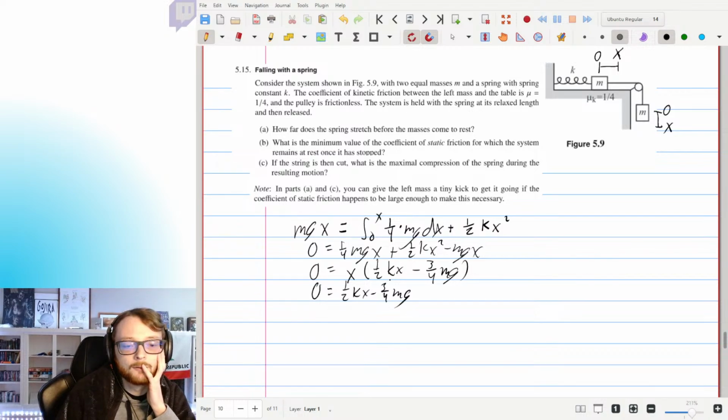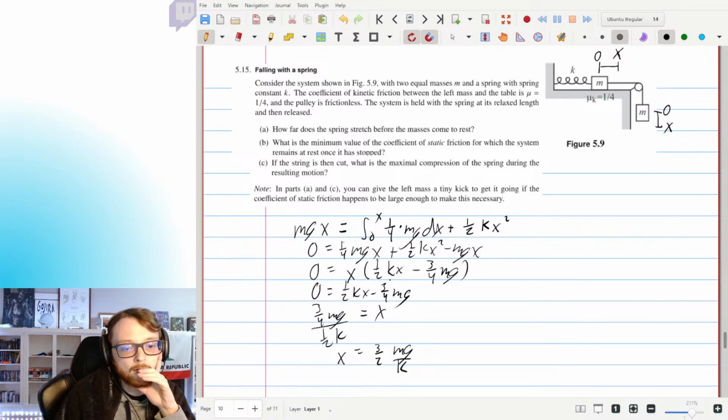Not me. I think I can normally do this in my head, but today I just can't. 3/2 mg over k. The units check out.